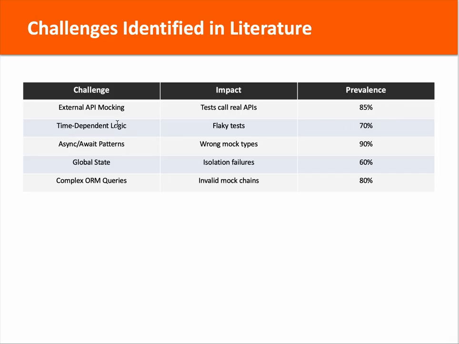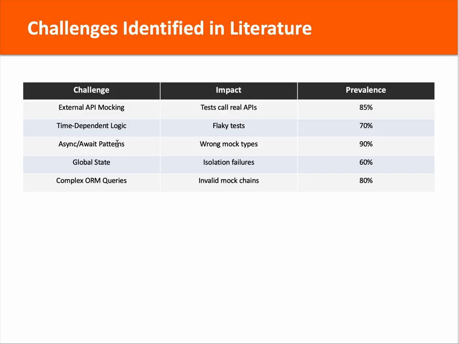Then we have time dependent logic that creates flaky tests 75% of the time. The tests pass sometimes and fail other times. Then we have async await patterns. These are particularly problematic because 90% of the times I have seen that they get wrong mock types.